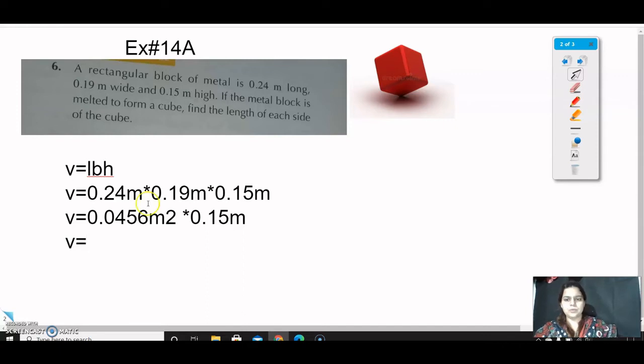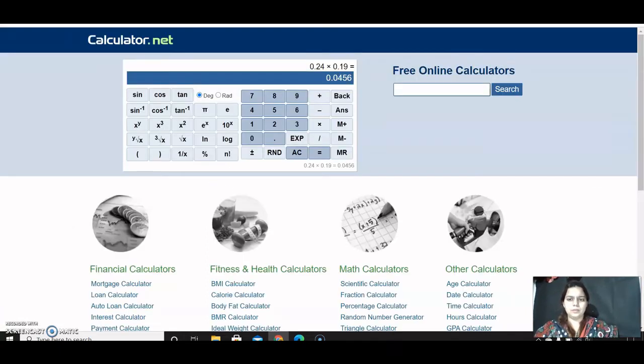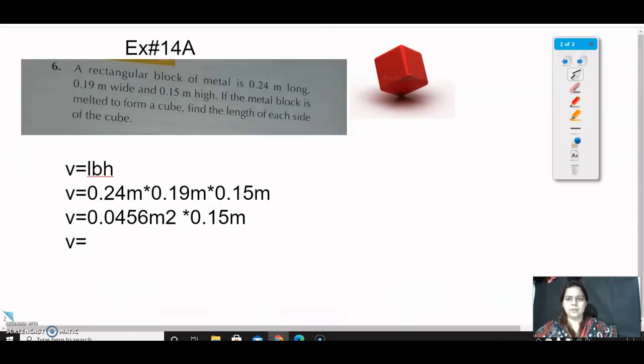Volume is equal to 0.0456 multiply with 0.15.